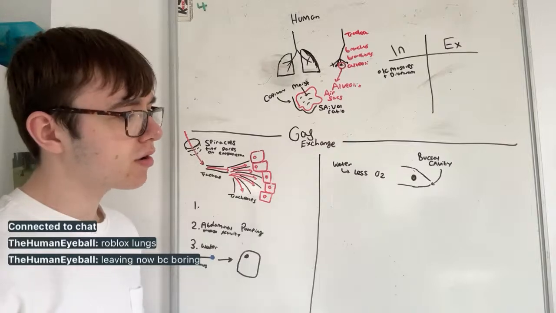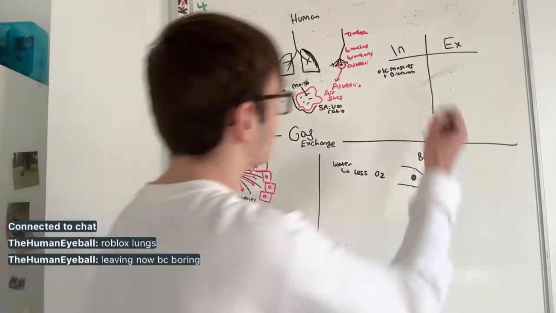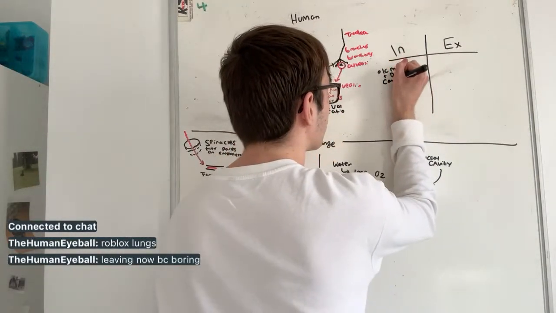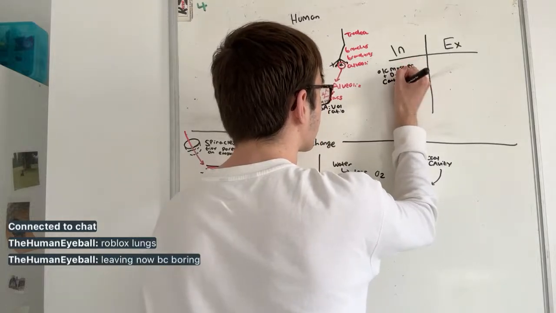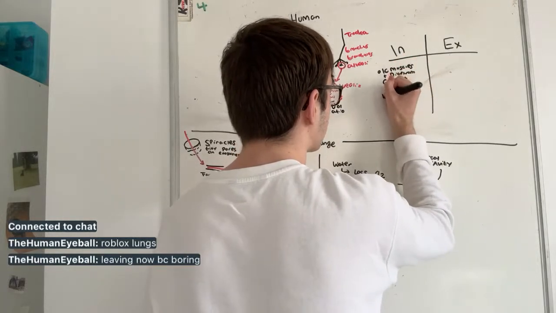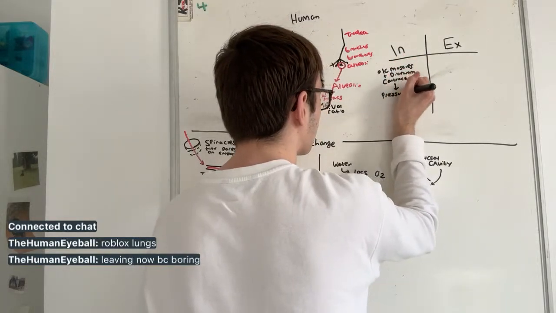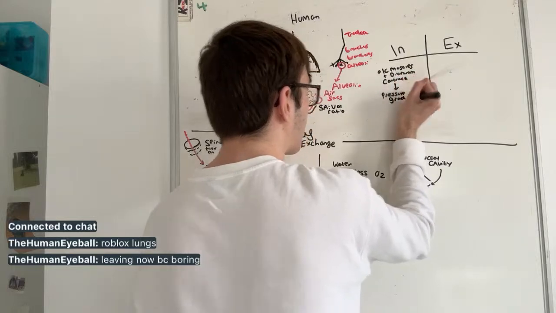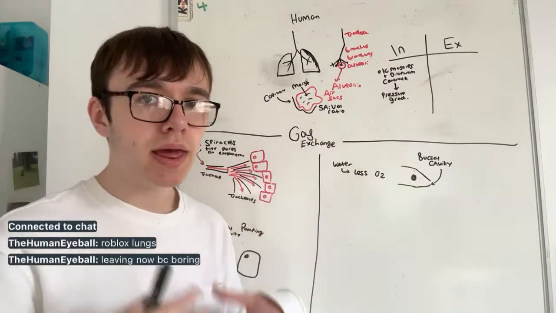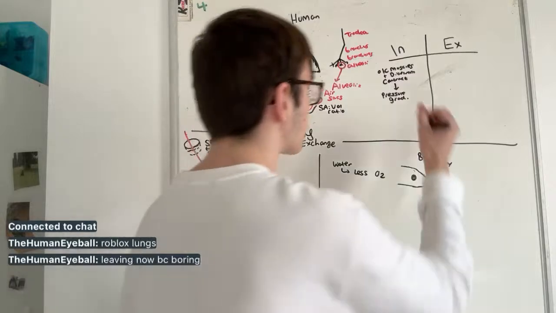Do they contract? They don't relax. It has to be contract. This causes a pressure gradient as there is more volume in your thorax.